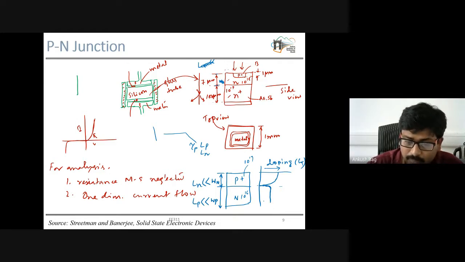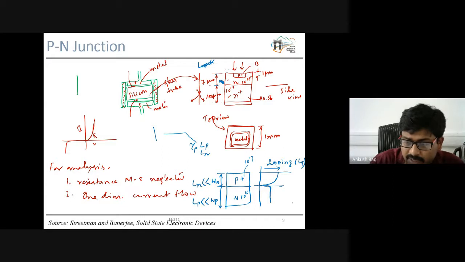Again, remember, for our actual calculation, we'll consider this an abrupt junction. Abrupt means the p and n portions meet abruptly.